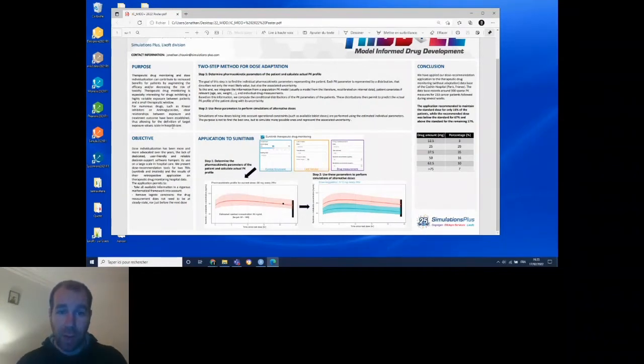So it's to help the decision and to guide the decision using information that we have at the hospital. In that case, what we have is additional measurement of what is going on for the patient. So we have typically the drug at the last intake.